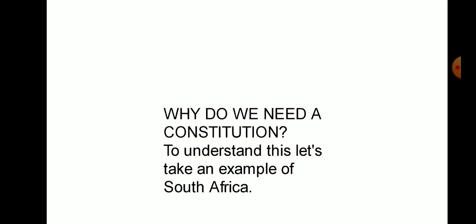They also agreed these rules should be supreme. No government will ignore this. So this set of basic rules is called a constitution, and this example of South Africa tells why we need a constitution.